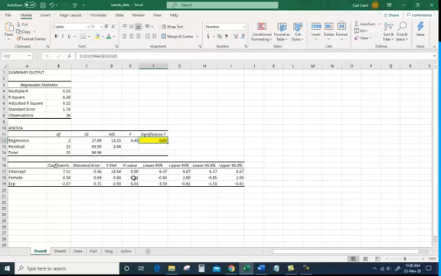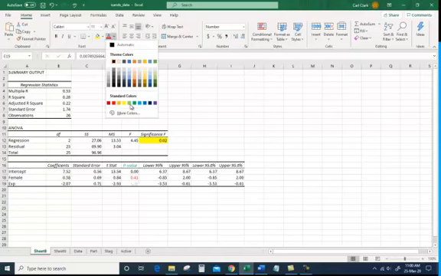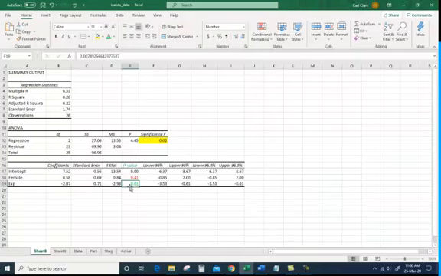From here, the next place we have to go is down here to the p-values, and we want to investigate these p-values. We see that this one is not less than 0.05, but this one is.